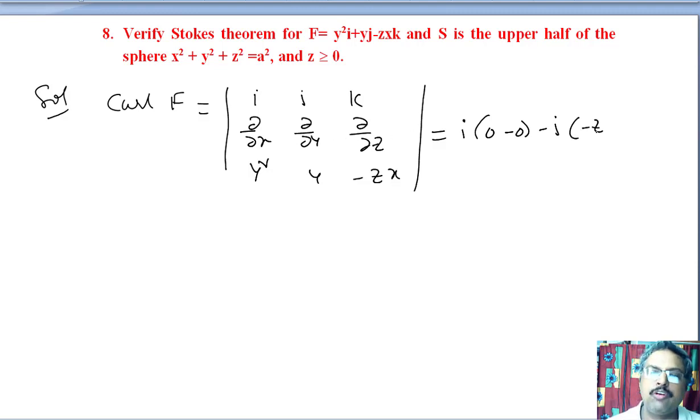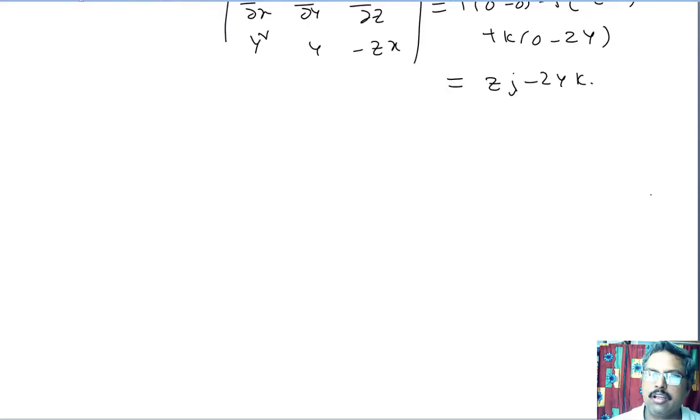Minus j into dou by dou x value is minus z, dou by dou z value is 0. Plus k into dou by dou x is 0, now this is 2y. So the answer is zj minus 2yk.